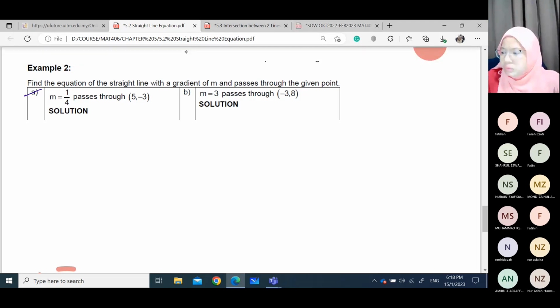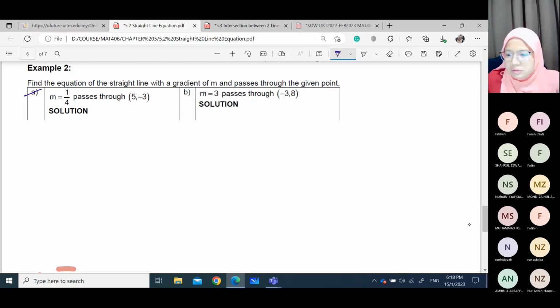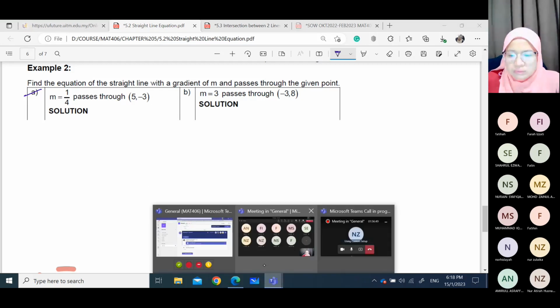Boleh tengok example 2? Boleh kita teruskan untuk example 2? Boleh, madam.